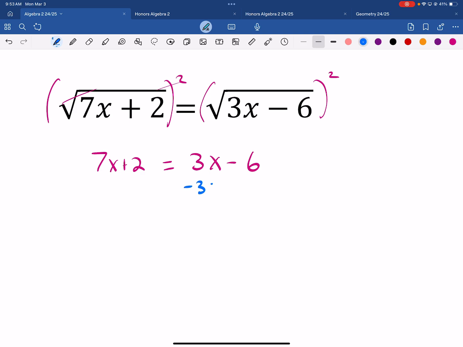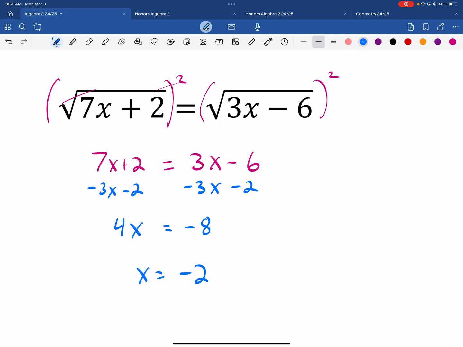So I'm going to subtract 3x from both sides and subtract 2 from both sides. So 7x minus 3x is 4x. 2 minus 2 is 0. 3x minus 3x is 0. Negative 6 minus 2 is negative 8. X is equal to negative 2.